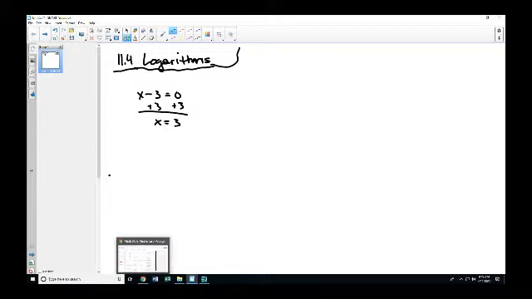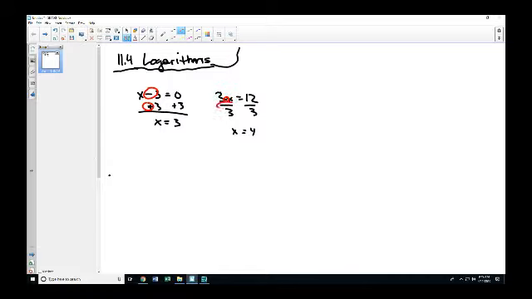Okay. What's the relationship of these two items? They're inverses. Okay. Same with multiplication, right? How do you solve for x? We divide because multiplication and division are inverses.